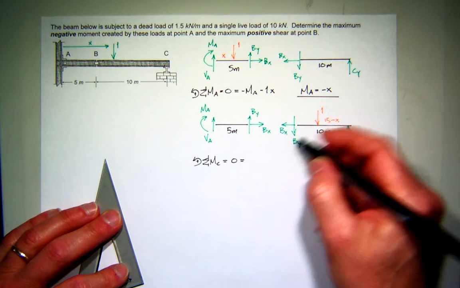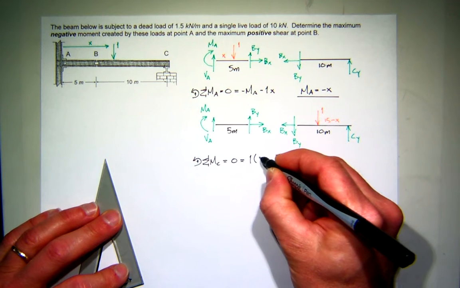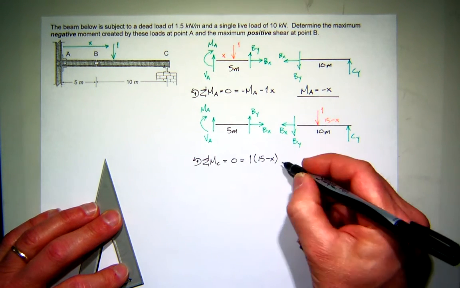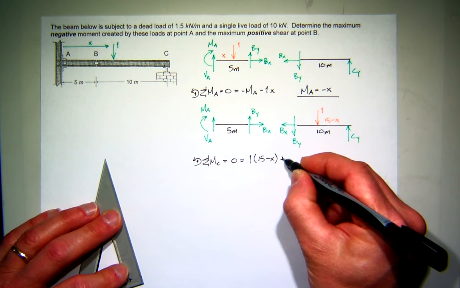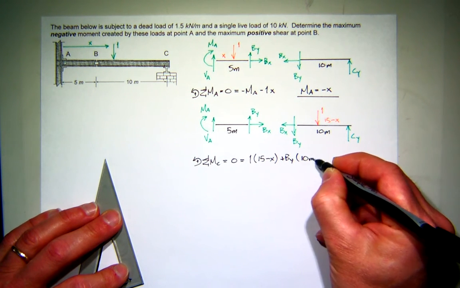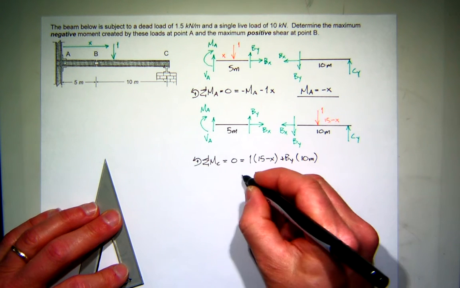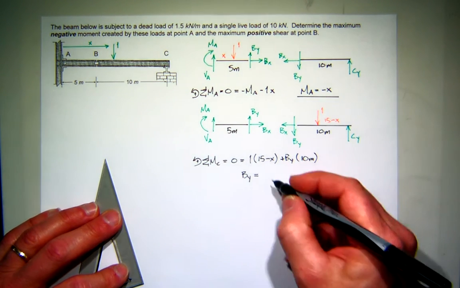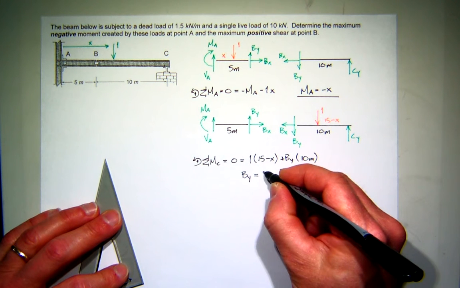So about C, that creates positive moment. 15 minus x is the moment arm. And then I have By, which is also creating positive moment with a moment arm of 10. So I should be able to solve for By. What is By? I'll just leave it in this form.